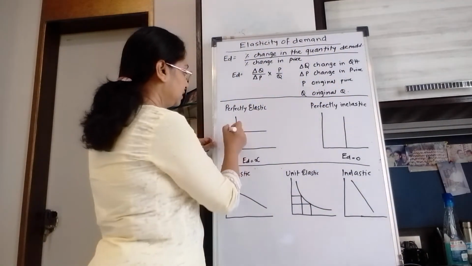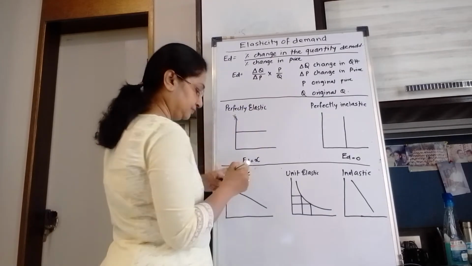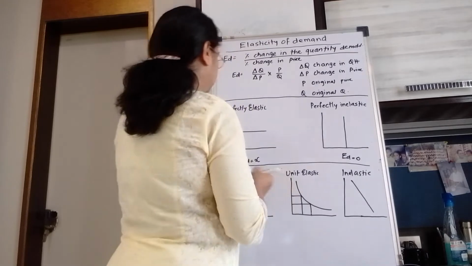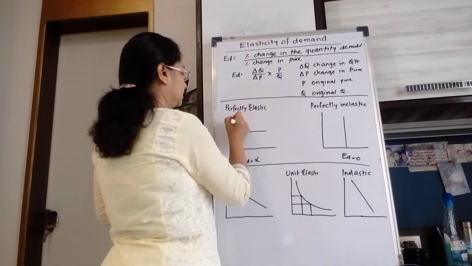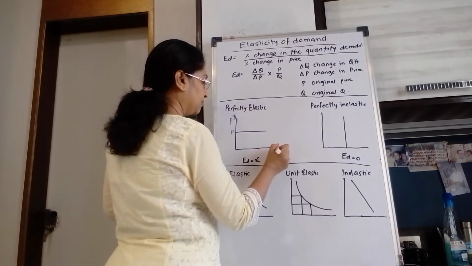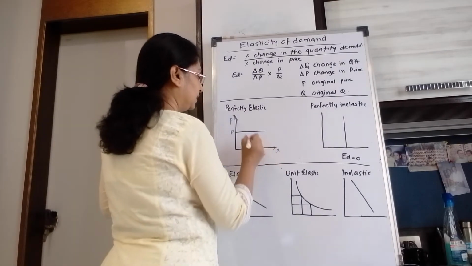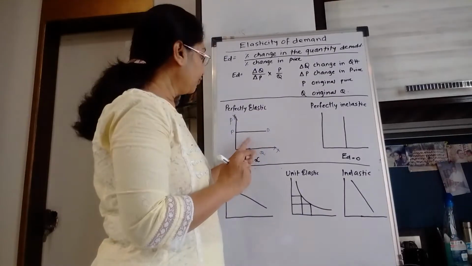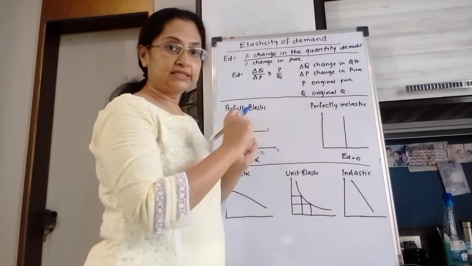If this is the price and this is the quantity demanded, it can go up to infinite at the same price, and therefore it becomes perfectly elastic.